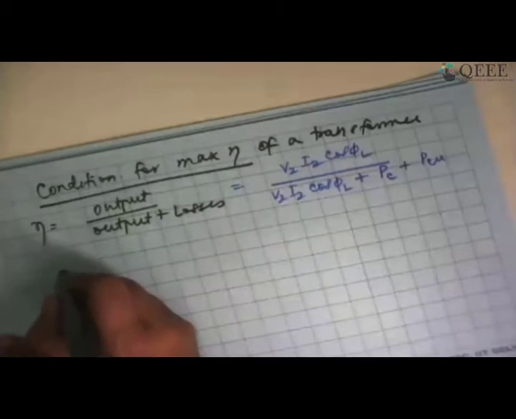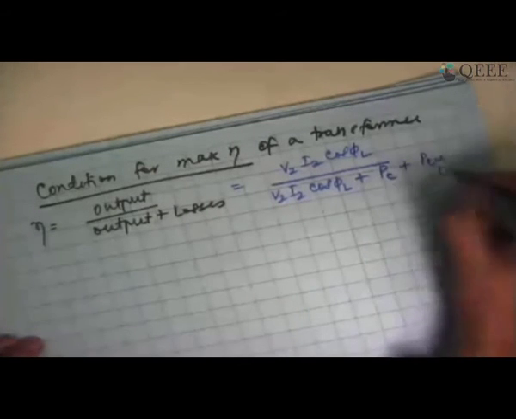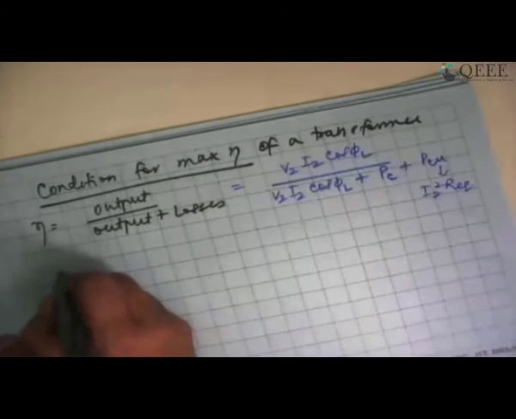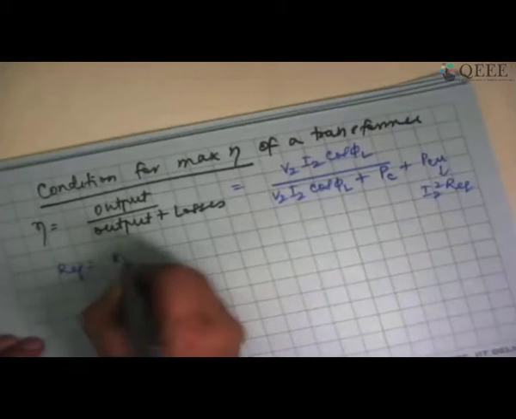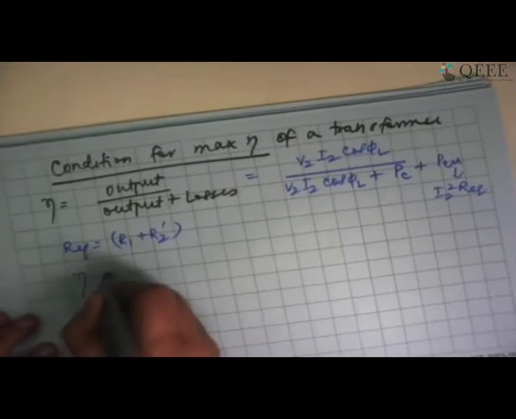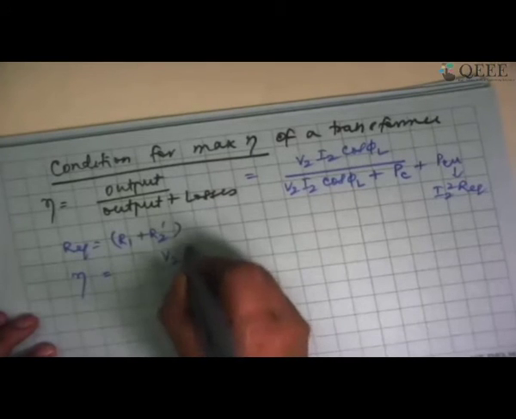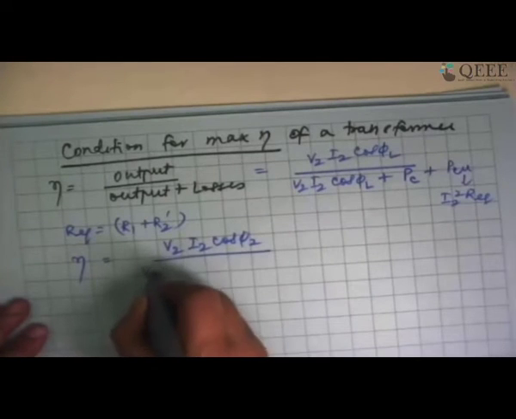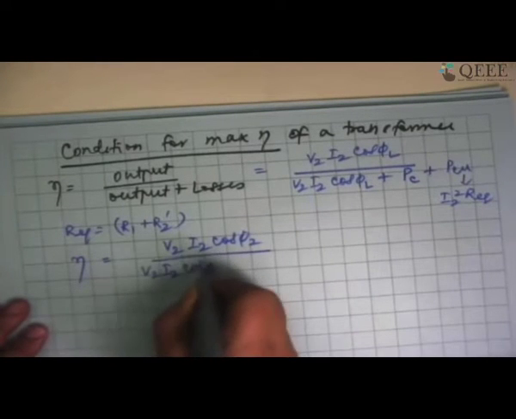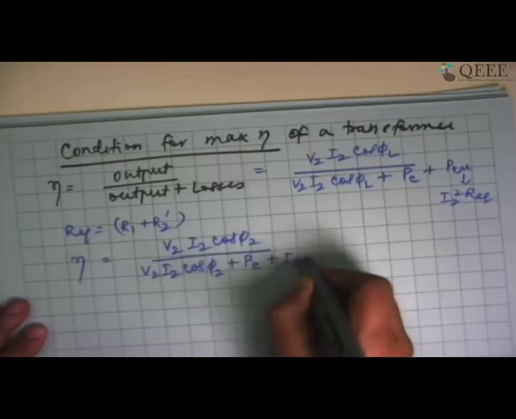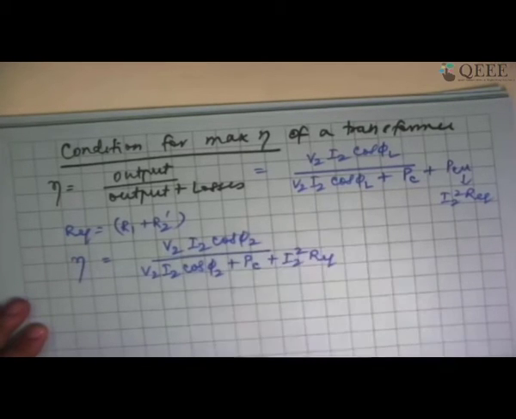I can write PCU as I2 square R equivalent, R equivalent being R1 plus R2 dash. So efficiency is equal to V2 I2 cos phi 2 divided by V2 I2 cos phi 2 plus PC plus I2 square R equivalent.